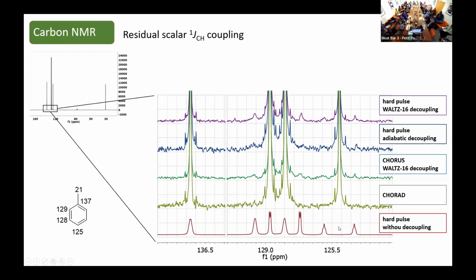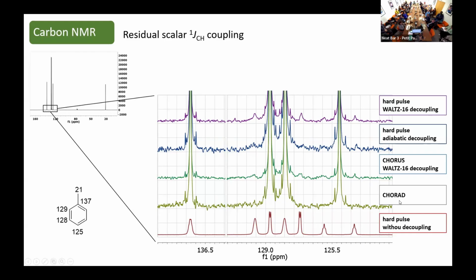So if we look at this peak around 125 ppm, which is the para position, we have one hydrogen here, so we have like a doublet here. And when we do the decoupling, sometimes we see residual peaks from the decoupling that was not perfect. So we could see these in like 3 experiments.